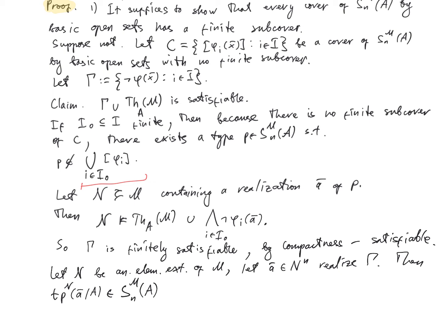So we have that the type of a bar over A belongs to the complement of all sets of the form phi_i of x bar for i in I. So we have found a point which is not in the covering, in the supposed covering C of the whole space. So this is of course a contradiction.